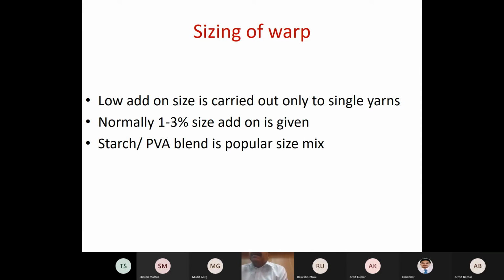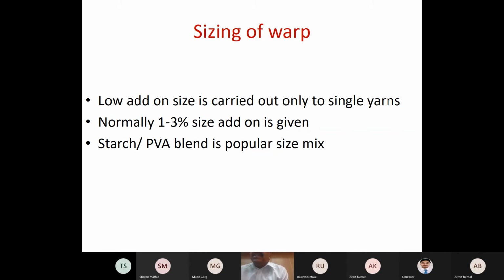Normally, the pile warp is either sized with a very low size add-on or sometimes no add-on, that is zero add-on. The warp yarn is just passed through a hot water bath. The reason is very clear.